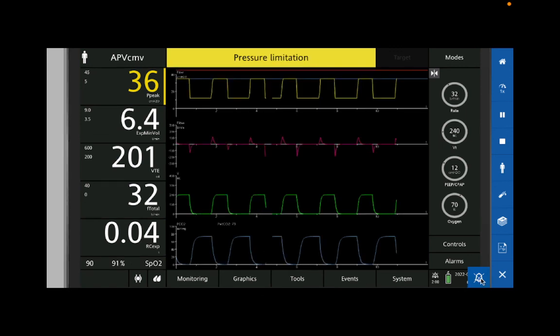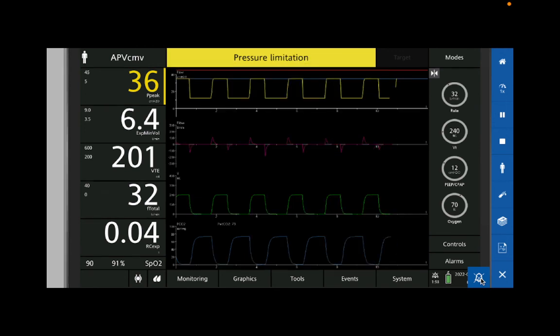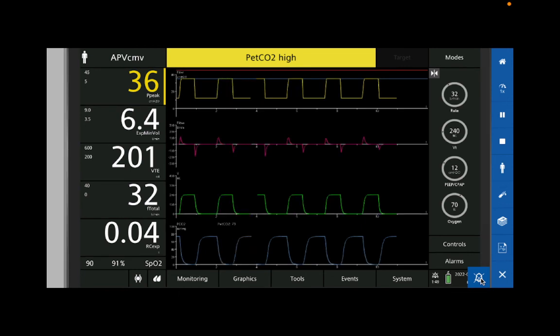So if you call me at 2 in the morning and say, hey, my patient's hypoxic and hypotensive, I might tell you to fix the hypotension before we can fix the hypoxia. And also my solution to fix the hypoxia is PEEP, which is going to make the hypotension worse, right?